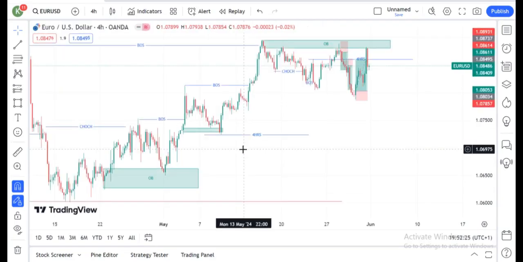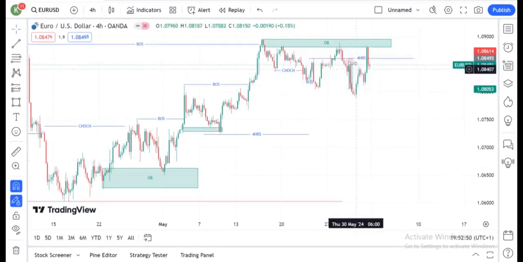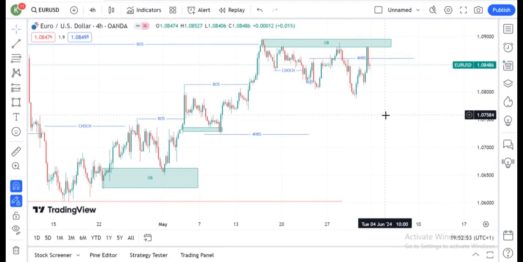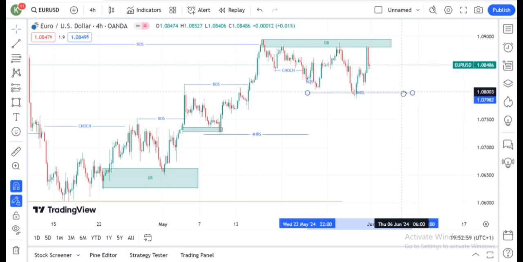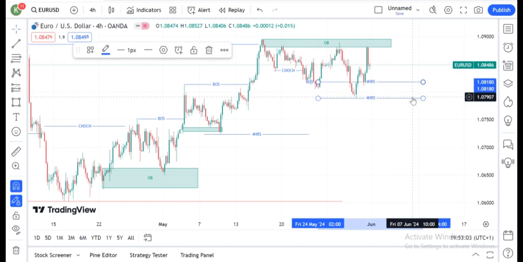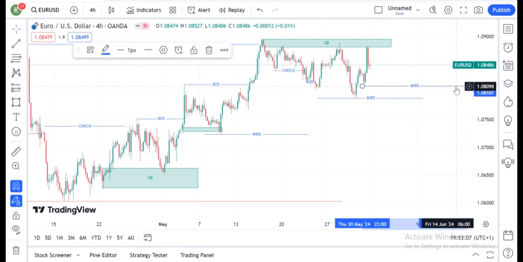Let me go straight to euro. All right, for euro, let's see. This high has been taken out, so this is the next level. This is the inner cycle here, this one, and then this one, then this one.